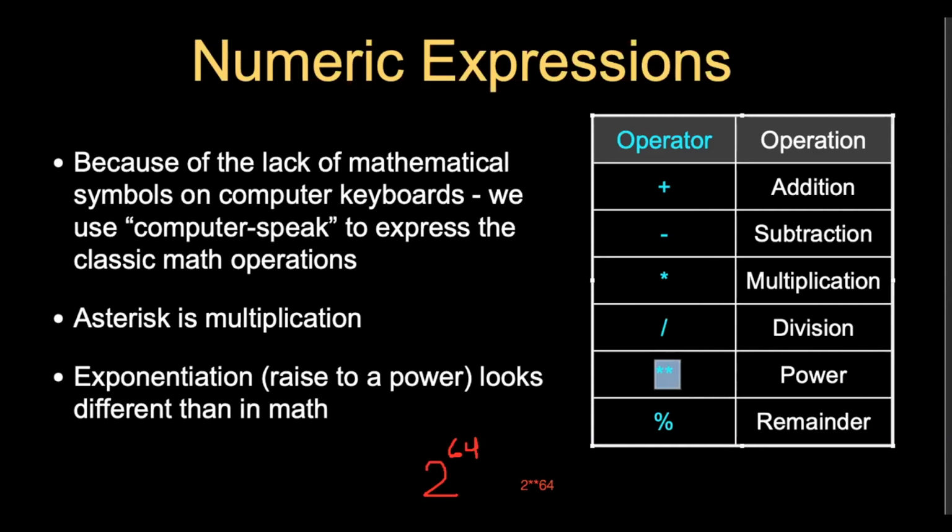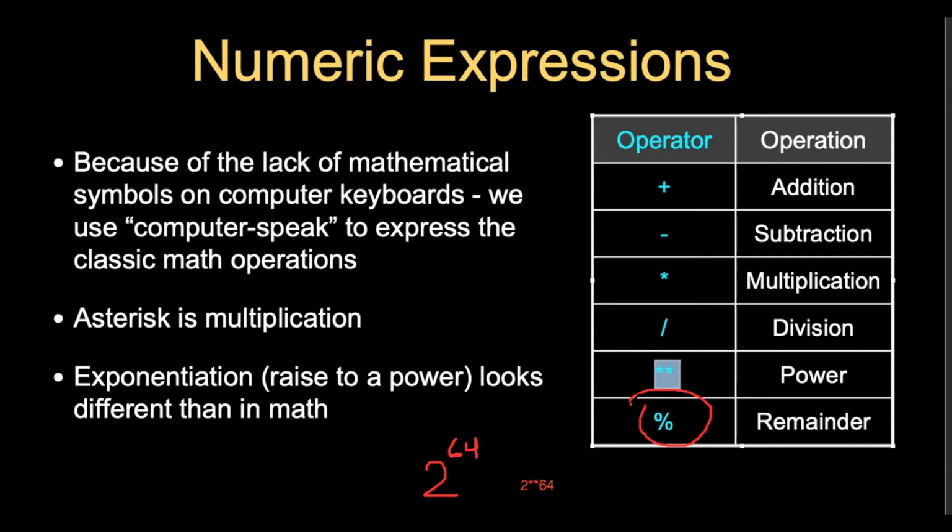But the remainder, which is your modulus, is the remaining amount. So if you do 100 mod 2, you're going to get 0, right? Because 100 mod 2 is the result of 100 divided by 2, which gives you a quotient of 50 and a remainder of 0. So modulus is going to give you the remainder, okay?